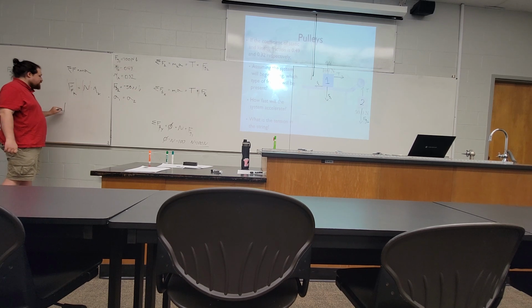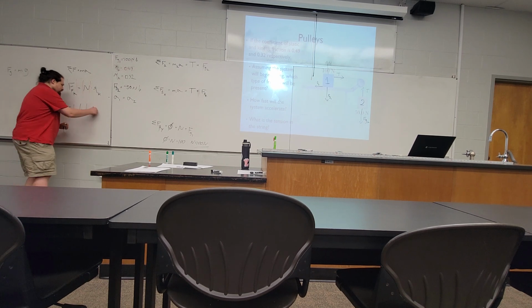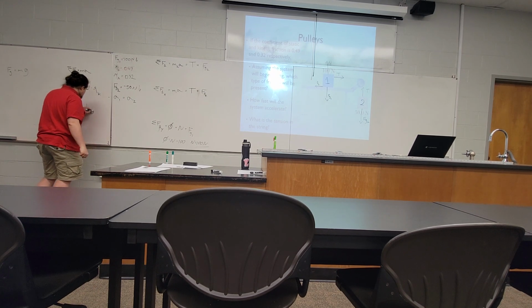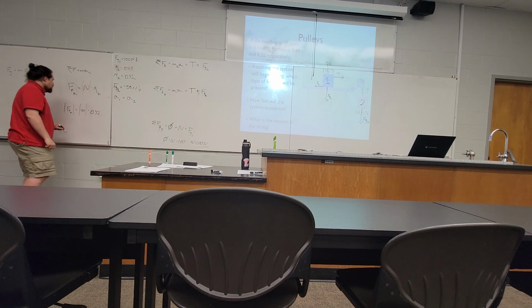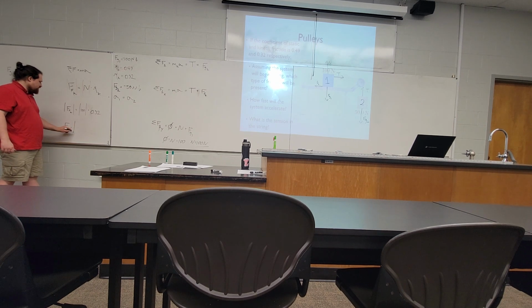So, the absolute value of force of friction equals the absolute value of 100 times 0.32. I like putting zeros in front of my points. Therefore, the magnitude of the force of friction should be 32 newtons.